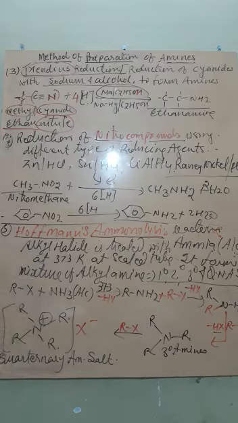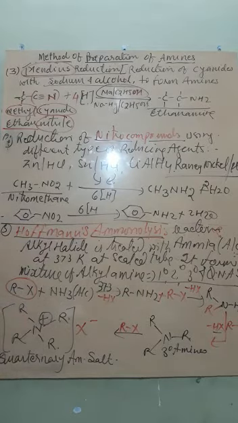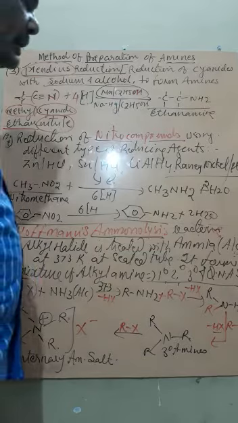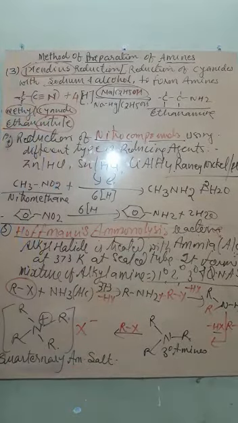If you have to prepare aromatic amine, then you have to use aryl halide like chlorobenzene, and you know that chlorobenzene does not easily undergo nucleophilic substitution reaction. So this reaction is mainly used to prepare a mixture of different alkyl amines. With this, your methods of preparation are completed.